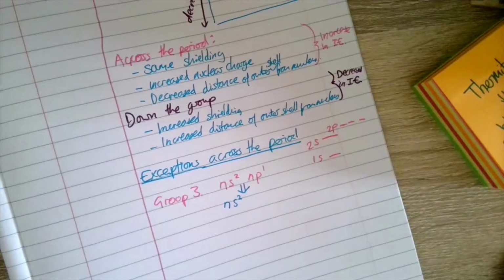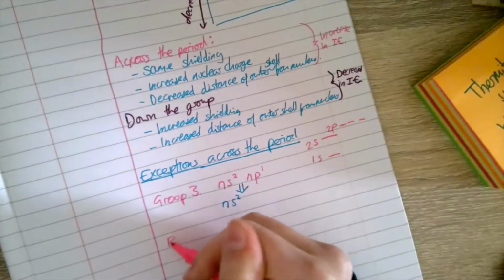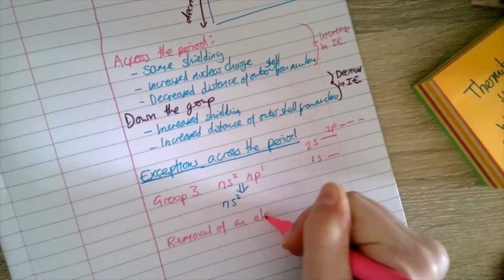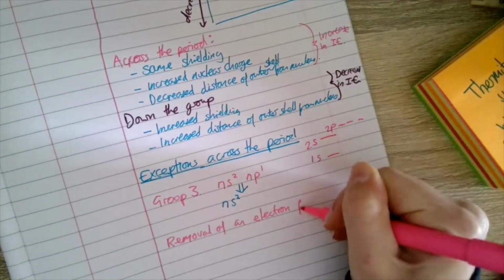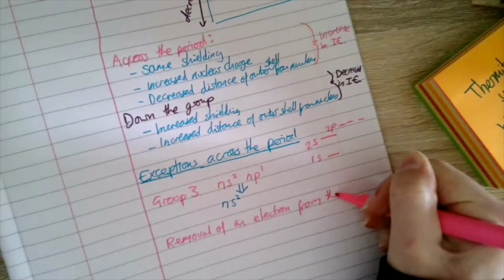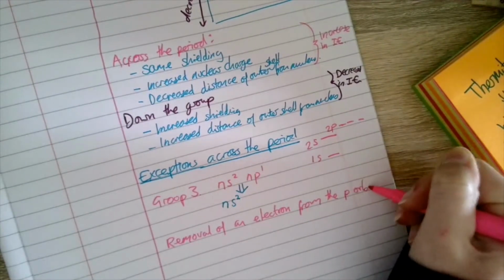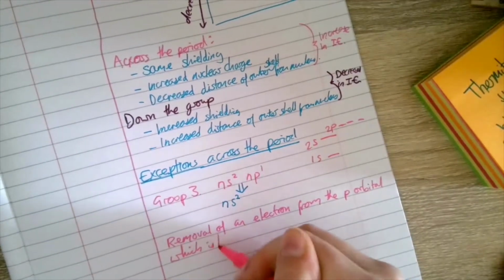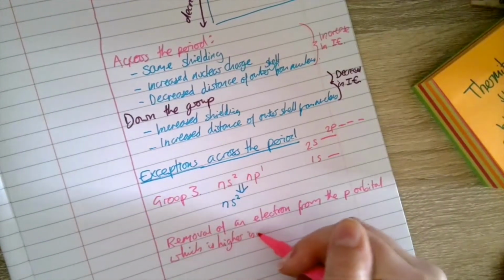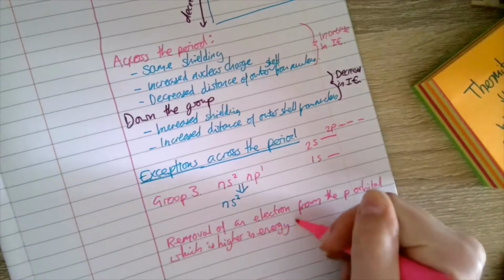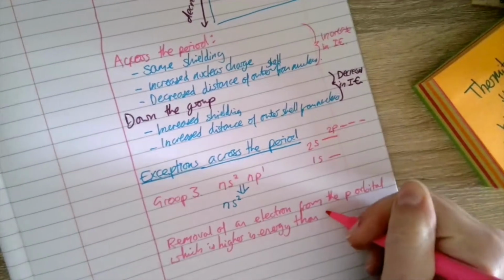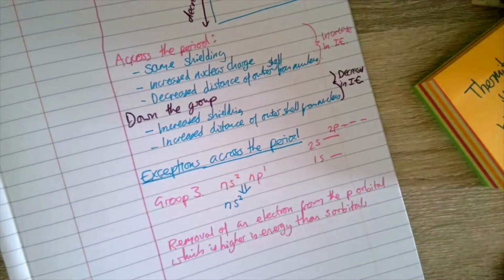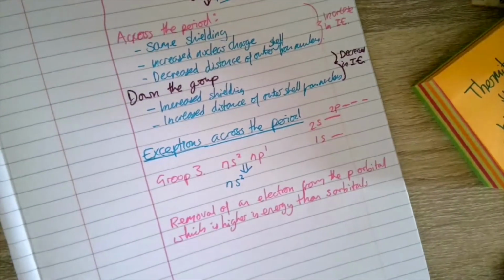And so what's happened is we've had removal of an electron from the p orbital, which is higher in energy than s orbitals, and if it's higher in energy, that means that it's going to be easier to remove.